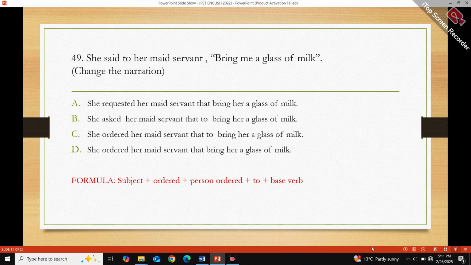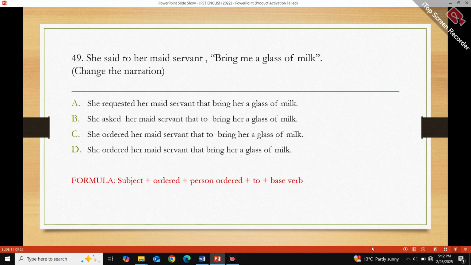The correct structure will be: subject she, after that we add the reporting verb ordered, and after the reporting verb we add the person ordered, here her maidservant. After that, we add the infinitive form of the verb, here to bring, and then the rest of the sentence, a glass of milk, with me changed into her.